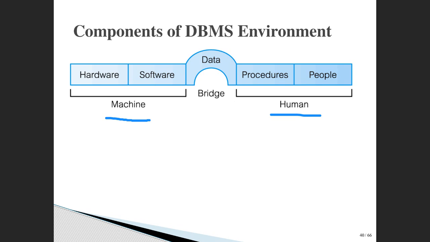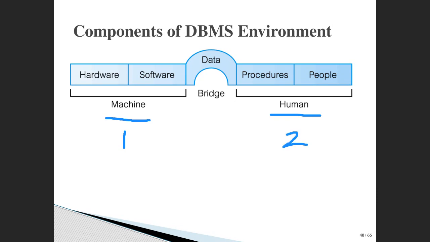And the software is any application or software used by the database management system, including the database management system itself, the database application programs, and other software that may be required in the database system. So this is one category, machine. Machine means hardware and software.